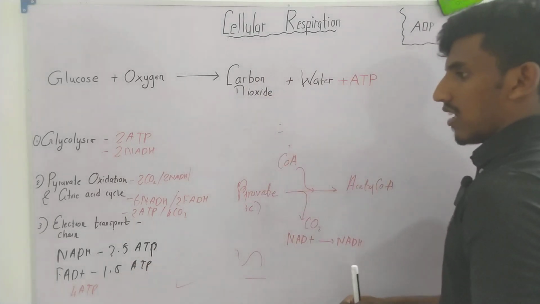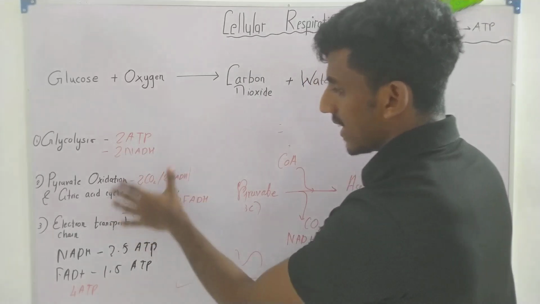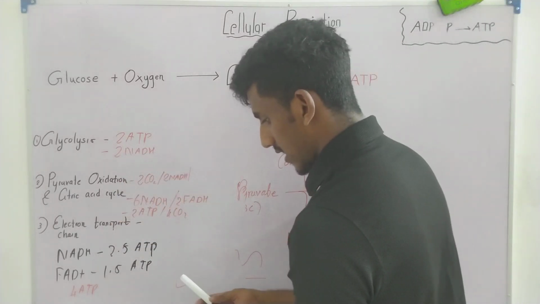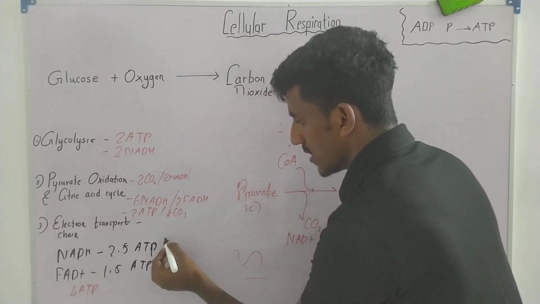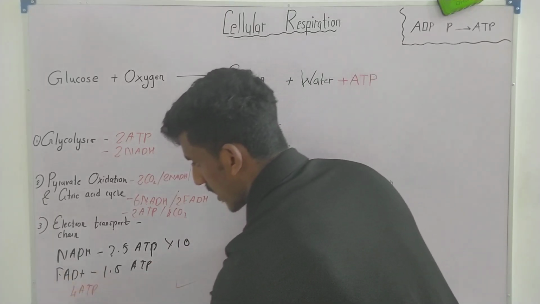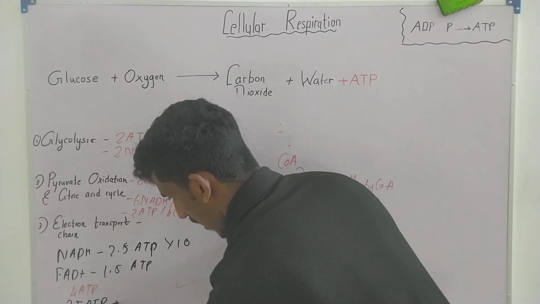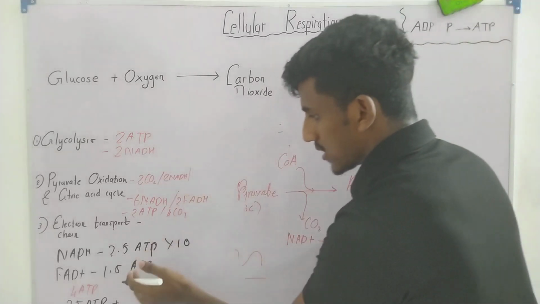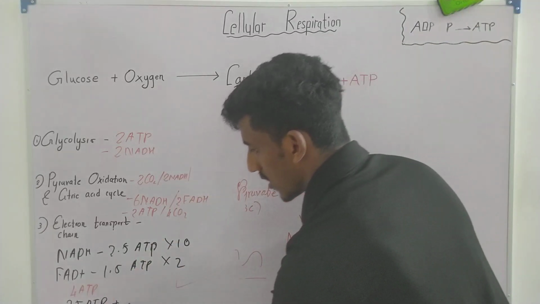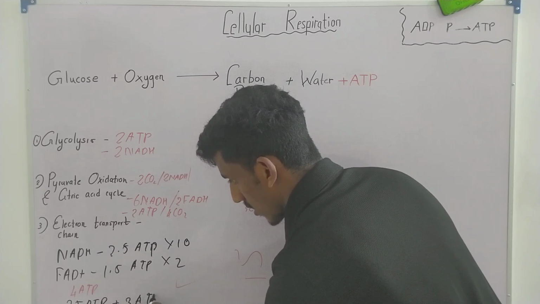So, we have 10 NADH molecules in total, right? 10 NADH molecules means we will produce around 25 ATP. And we have 2 FADH molecules, so we will produce around 3 ATP using that.